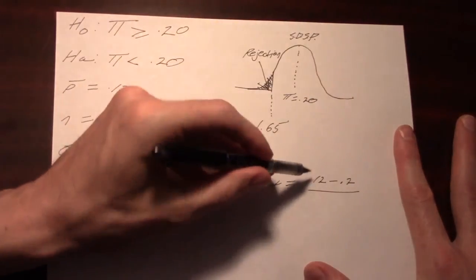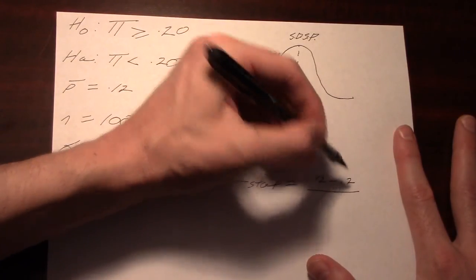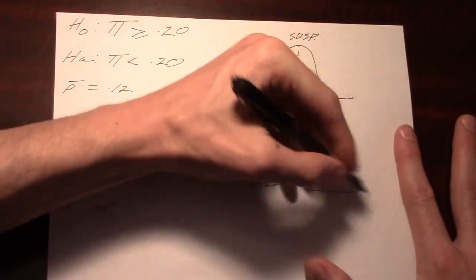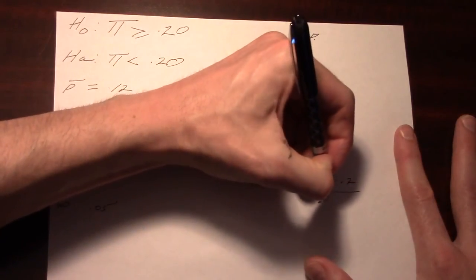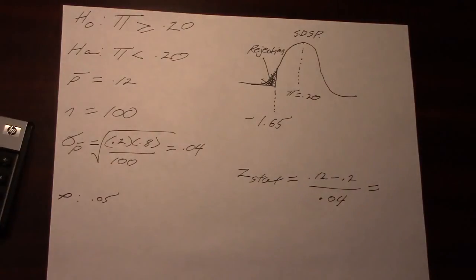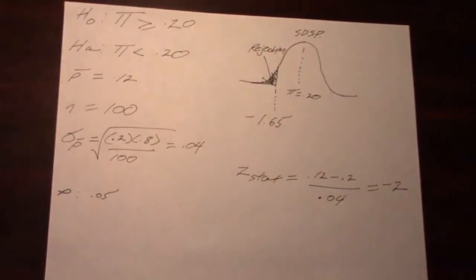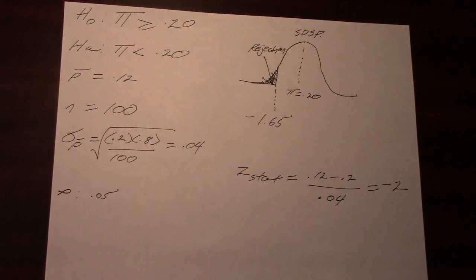Alright, that's the difference between our sample proportion and the assumed proportion under the null hypothesis. Divide by the standard error, 0.04, equals, check it out, negative 2. So we've got a z-stat of negative 2.